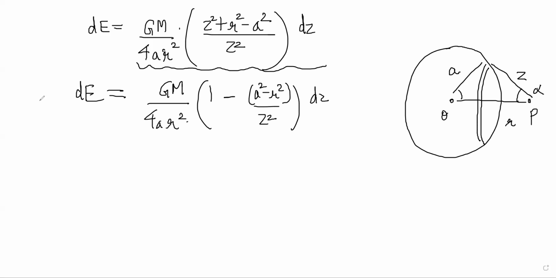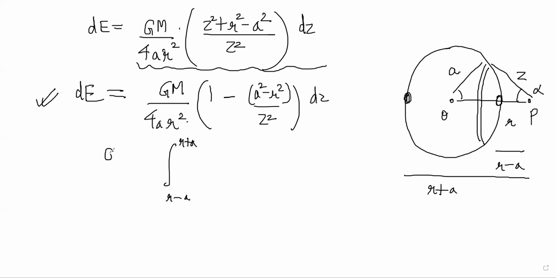Now again, our expression for dE is the same. We have to take two cases: one where the point is outside, one where the point is inside. So here we will take all such rings where the point is outside. Obviously for the outside ones, z will vary from r minus a to r plus a. So the integral is from r minus a to r plus a of gm by 4ar square times 1 minus a square minus r square by z square.